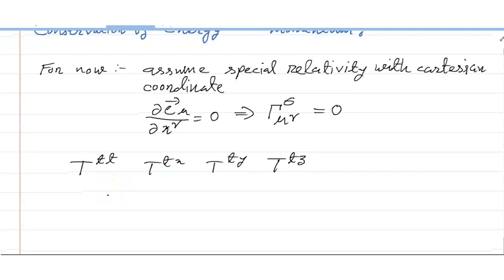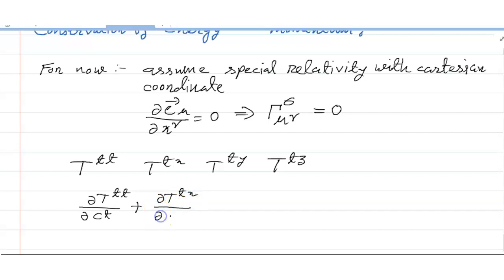Let's take the divergence of these components, so we differentiate the four components: del T^{00} divided by del ct, plus del T^{0x} divided by del x, plus del T^{0y} divided by del y, plus del T^{0z} divided by del z.